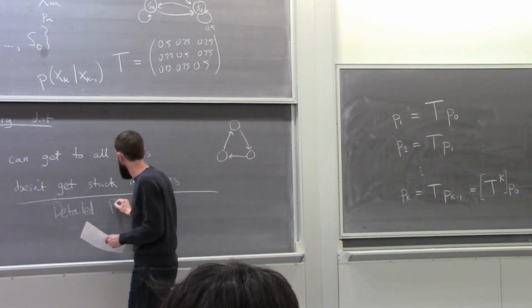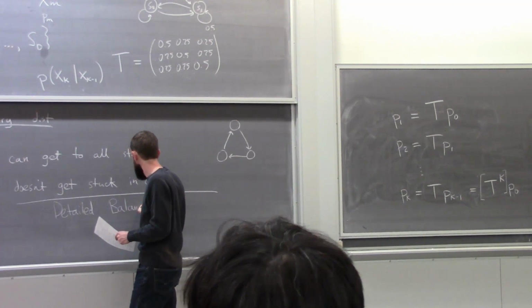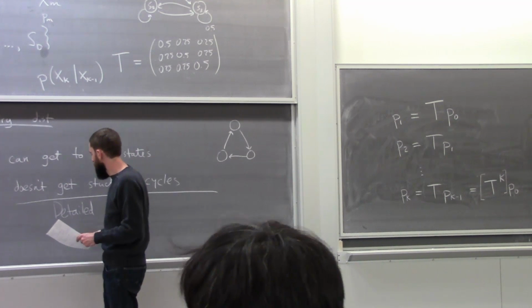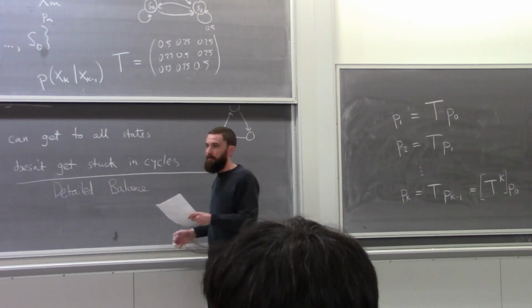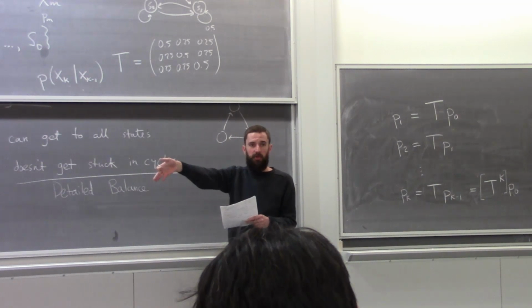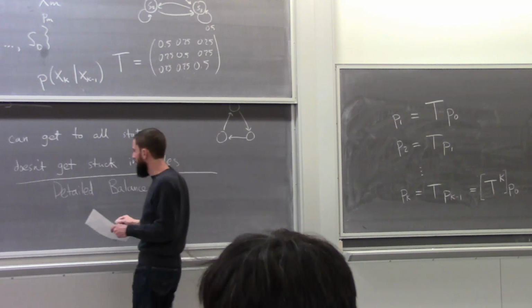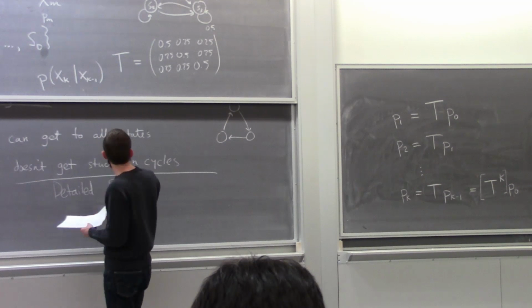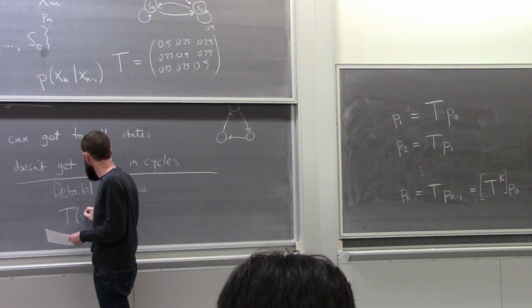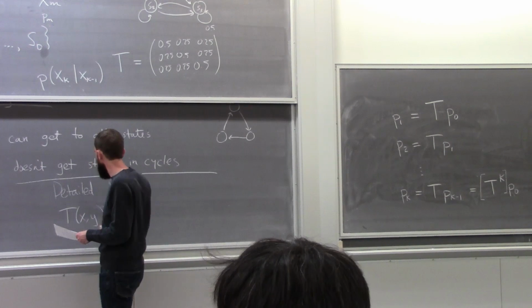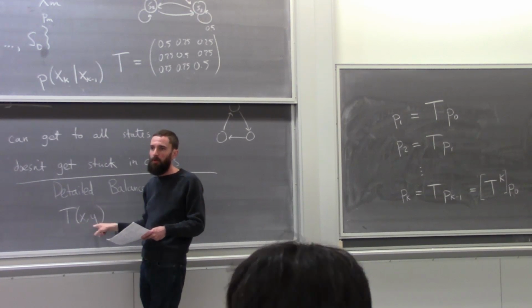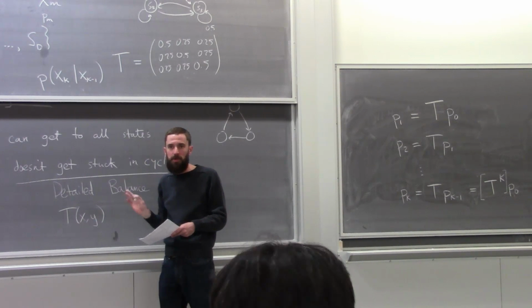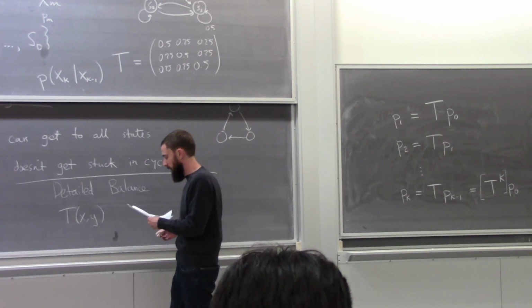It's this condition called detailed balance. And so if I know the pi distribution, the stationary distribution which is my target, then the detailed balance condition involves T of x, y. And this is just like a column and row index, x and y are just row and column indices, if you will.